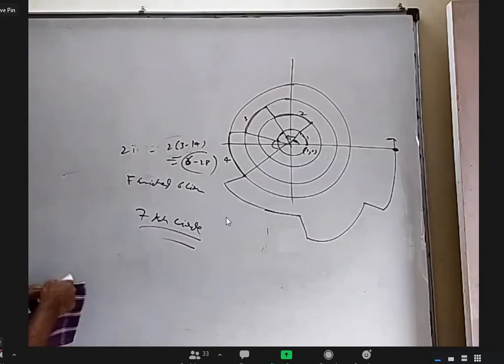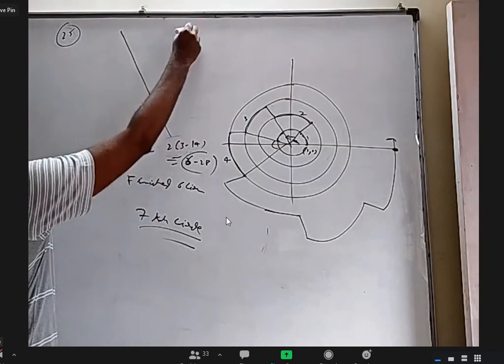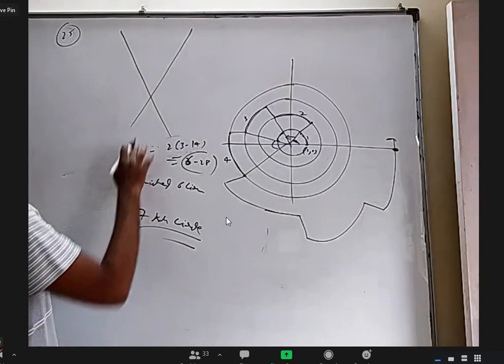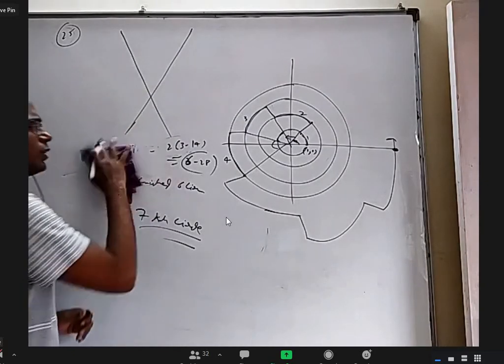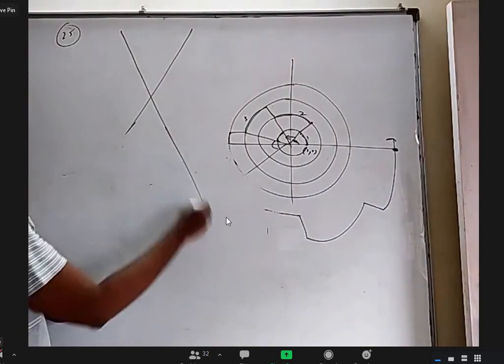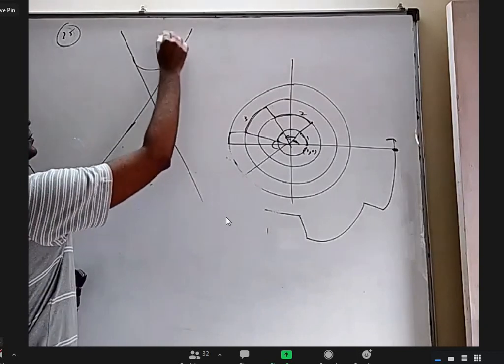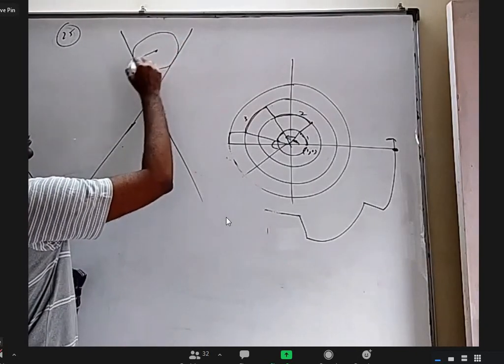Okay, last question. There are two lines. I'm explaining the question only. The lines' equations are given, but in that question, the lines' equations don't matter, fortunately or unfortunately. There are some lines. There is a circle with radius 3 touching both of them.